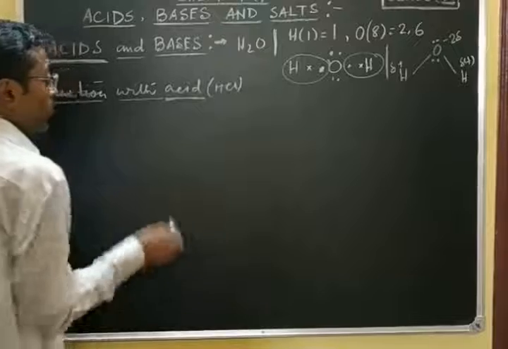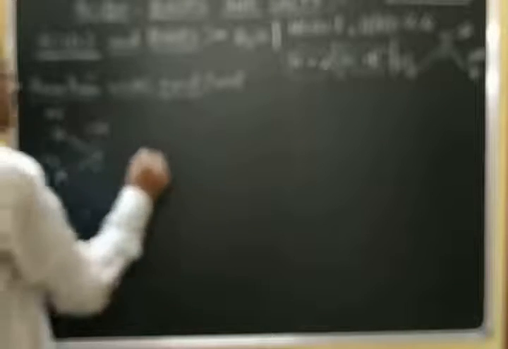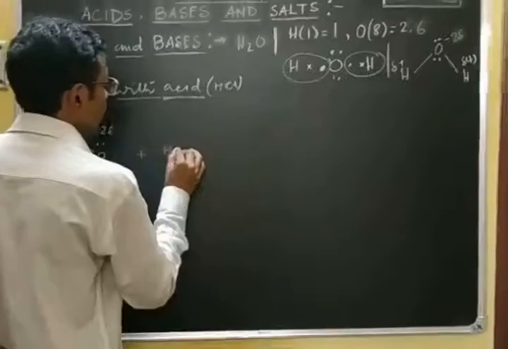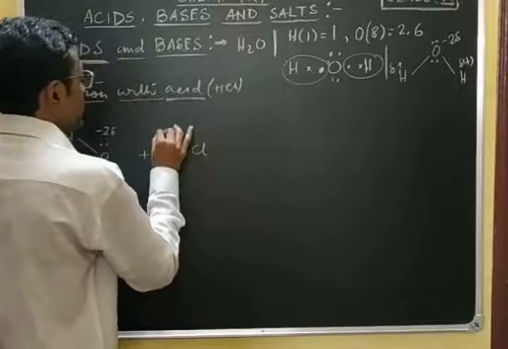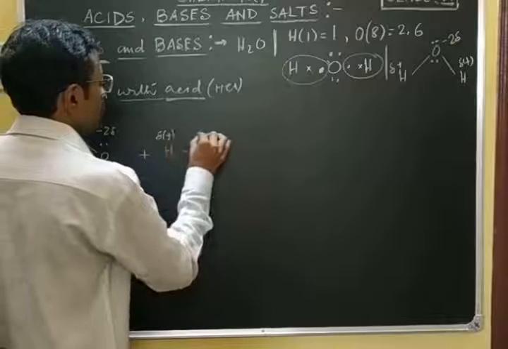First of all, water I will write like this, HOH, and there are 2 lone pairs of electrons, and this is plus, and minus 2 delta, and it reacts with HCl. So hydrogen is delta plus, chlorine is delta minus.